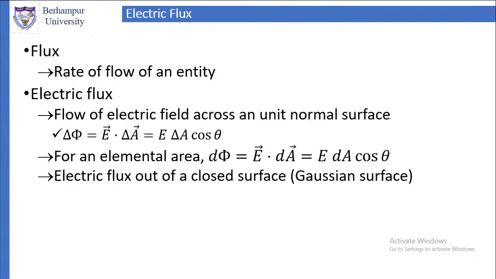In that case, we call it a closed surface. Then if the surface is a closed surface, that surface is also called a Gaussian surface. So electric flux out of a closed surface or Gaussian surface can be obtained from the principle that we just discussed, the elemental area.